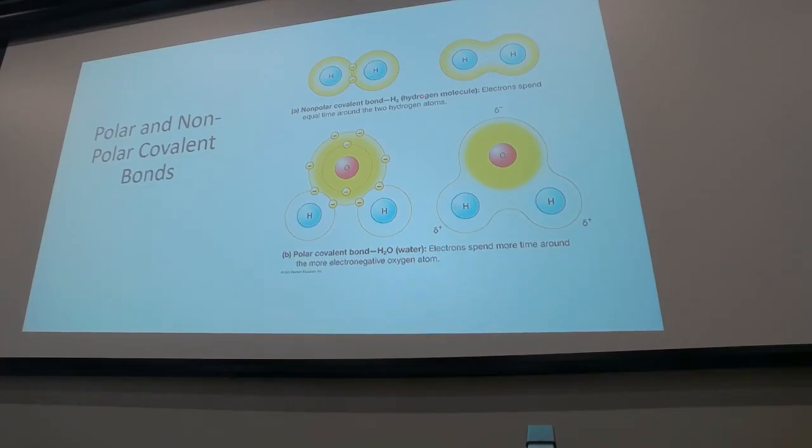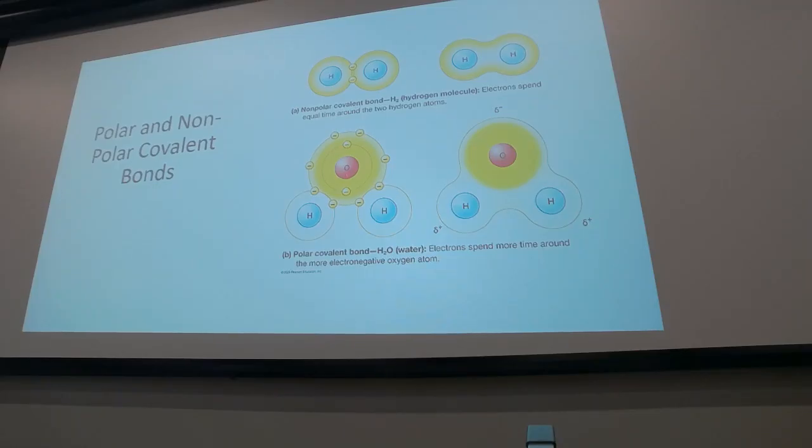And then here we have the previous bond. It's a non-polar covalent bond. And then here we have a polar covalent bond. So this is oxygen and this is hydrogen. If you look at oxygen, it has this amount of electrons in here.